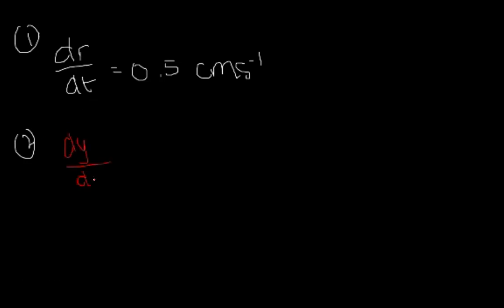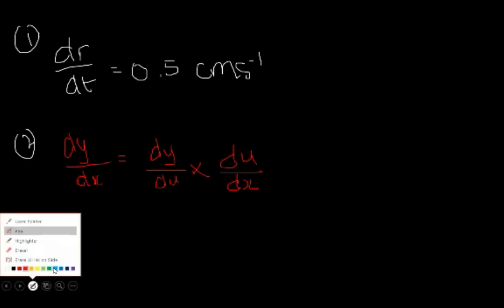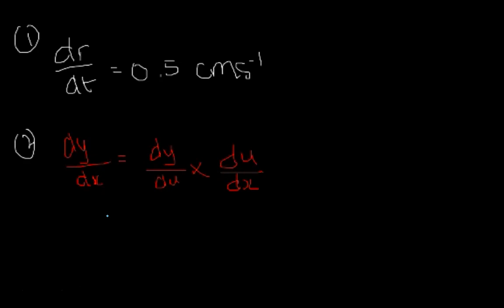Next, we're manipulating the chain rule to get what we want. So dy/dx is equal to dy/du multiplied by du/dx. We figured out that what they're asking for is dA/dt. So now we need an expression to find dA/dt.